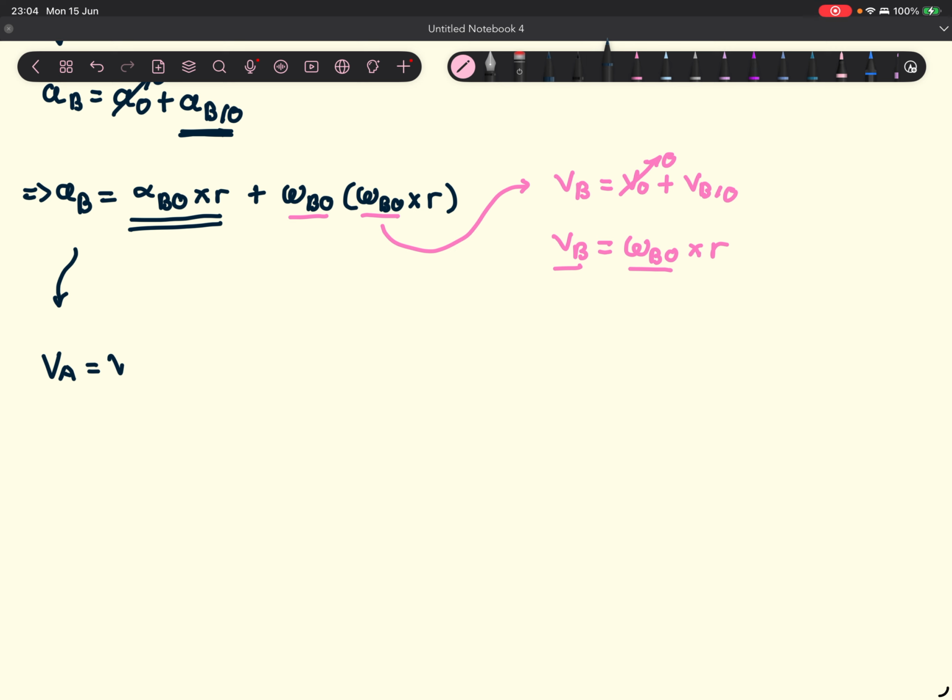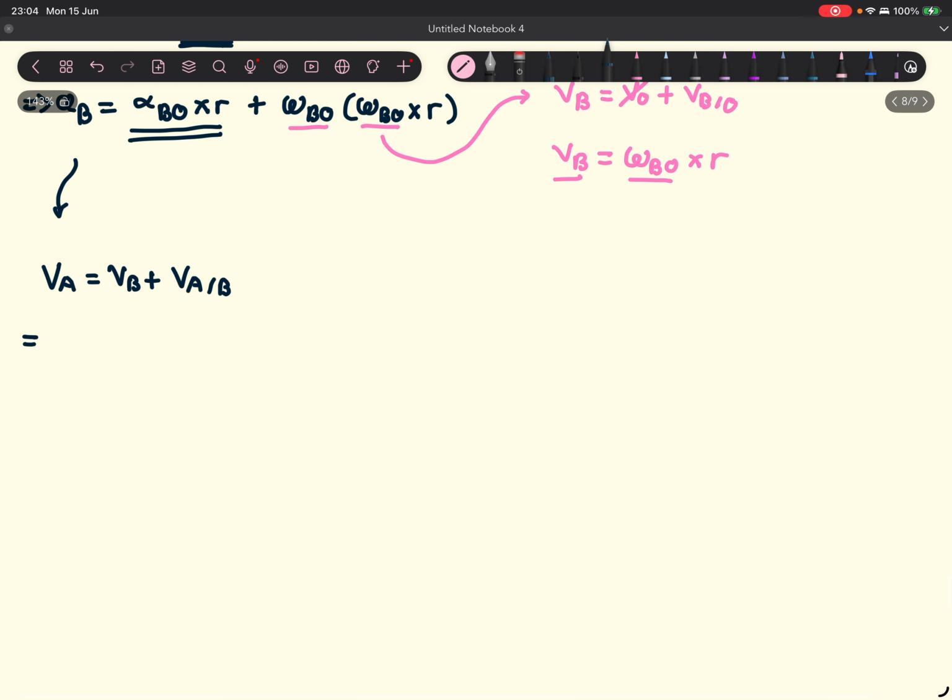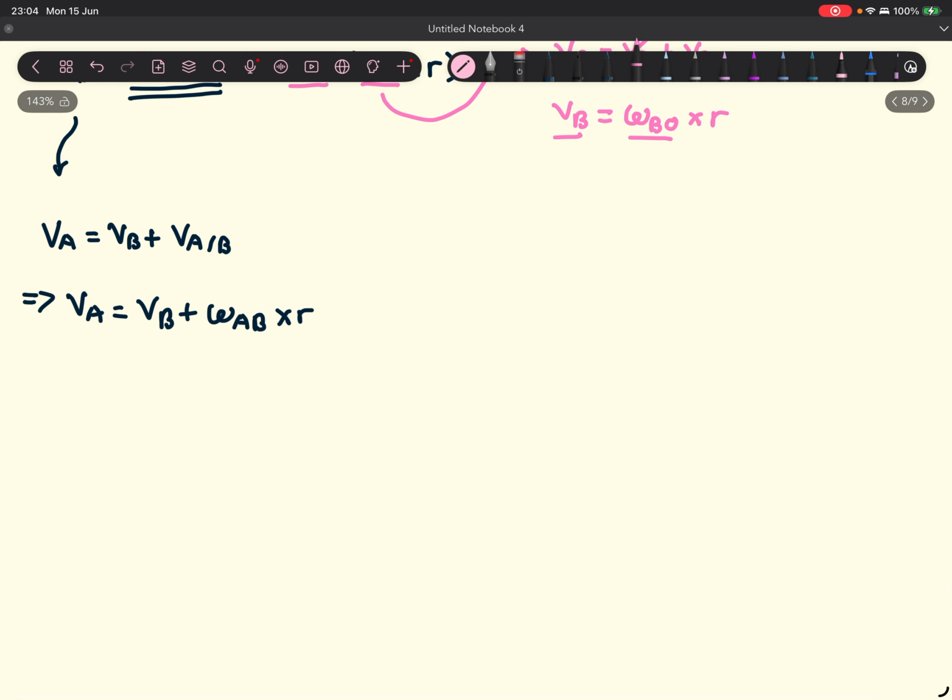VA is equal to VB plus VA relative to B, and we can break that down further into VA equal to VB plus omega AB crossed with R, right? So we don't know that, we don't know that. So let's try and use the vector triangle to help us solve the problem.